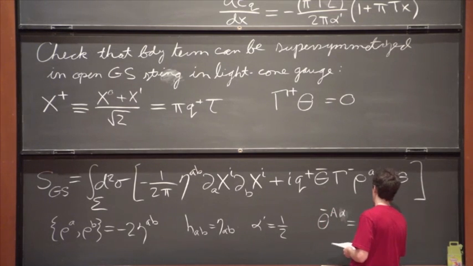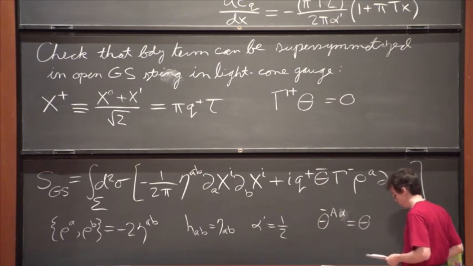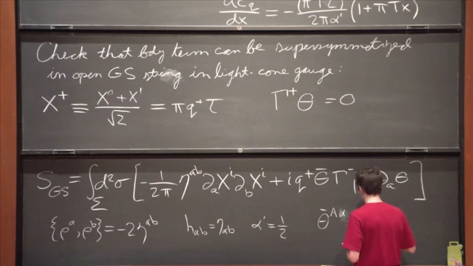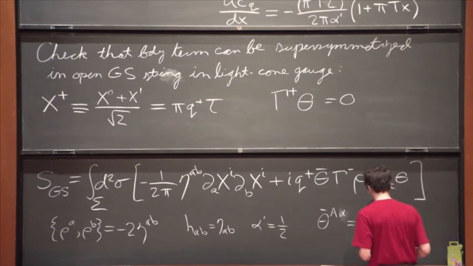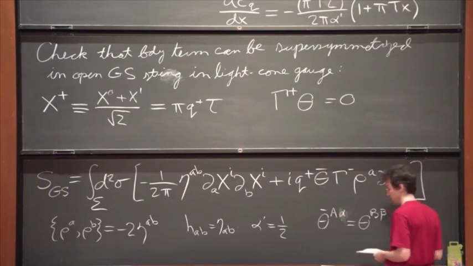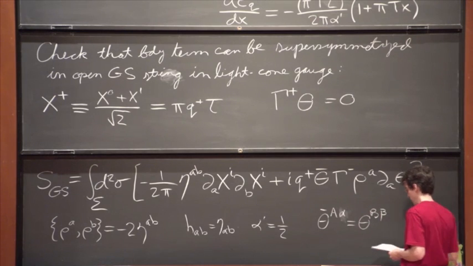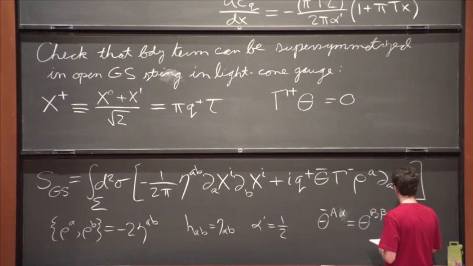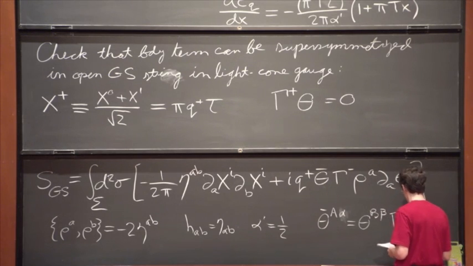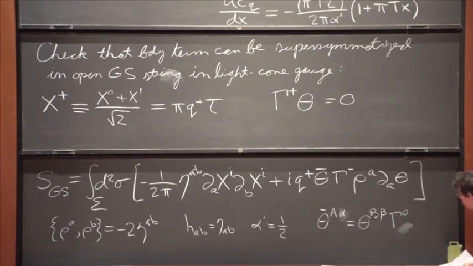And when we take this theta bar, what we mean is really something more like a transpose, because remember, these are Majorana-Weil fermions. Sorry, I got something backwards.